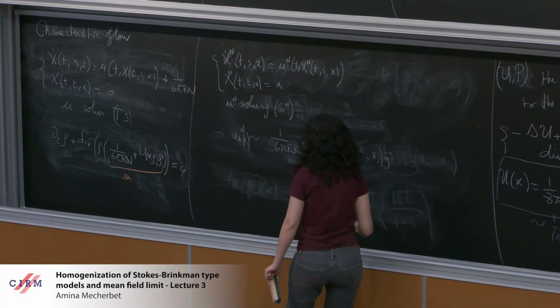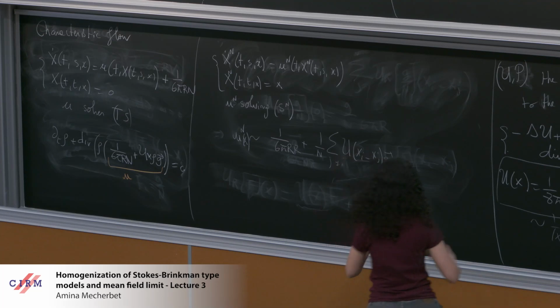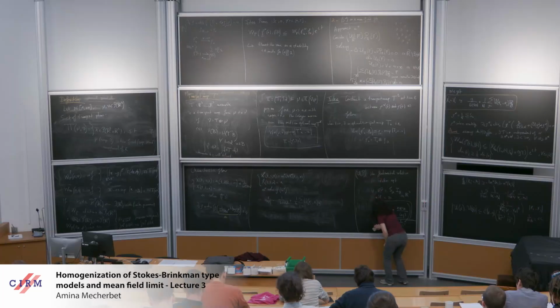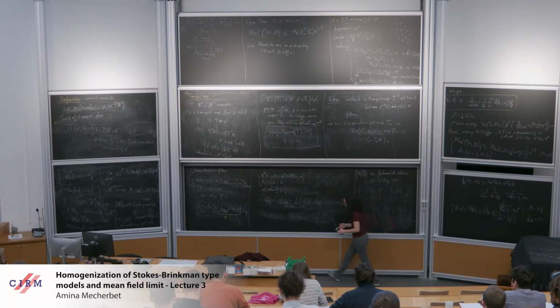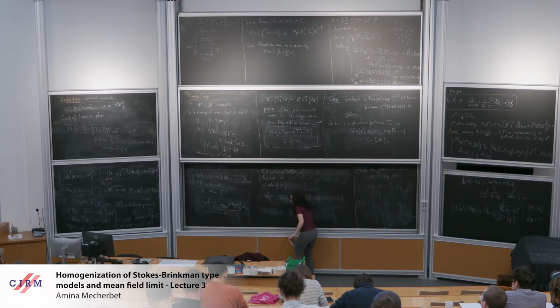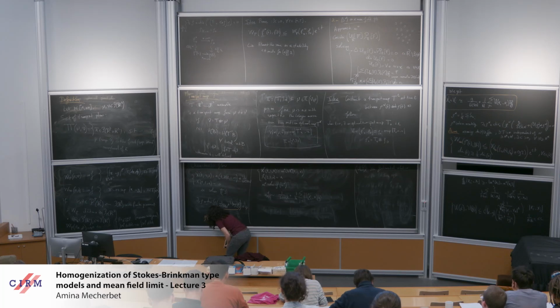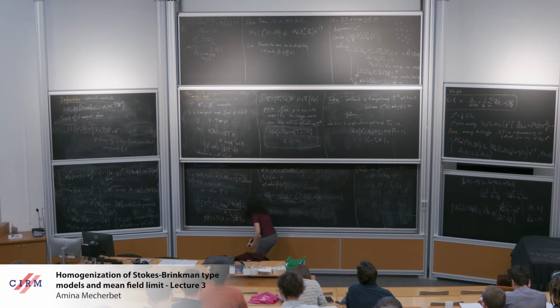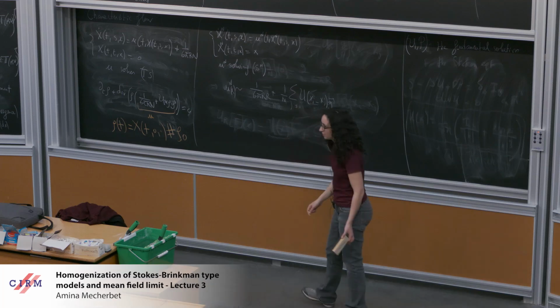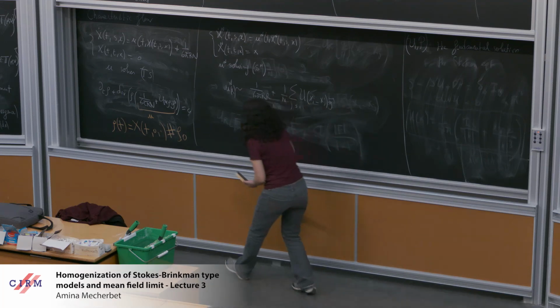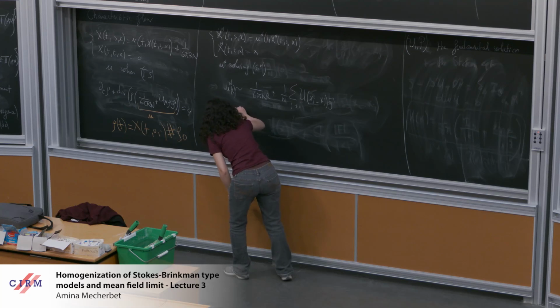Okay, I will not enter more into the details, but the main important thing is that rho at time t is the push forward through the flow of the initial condition. And we have something similar for rho n.